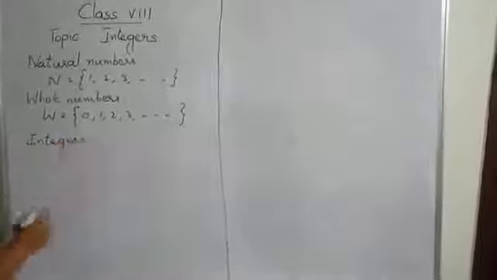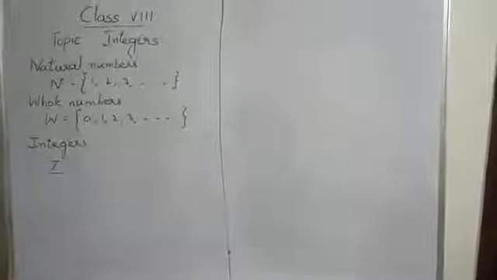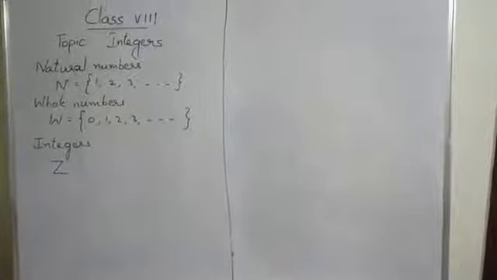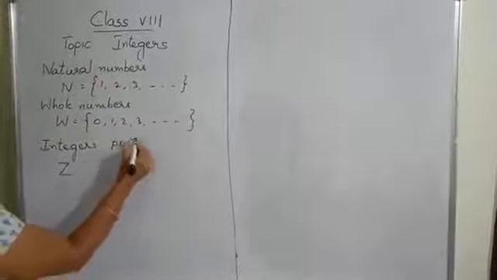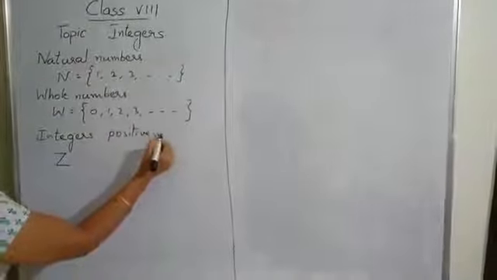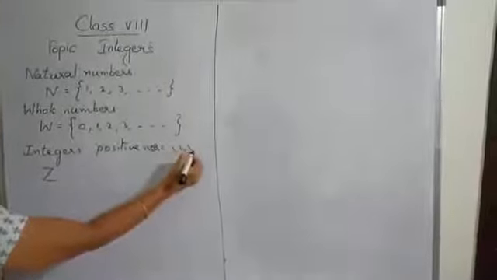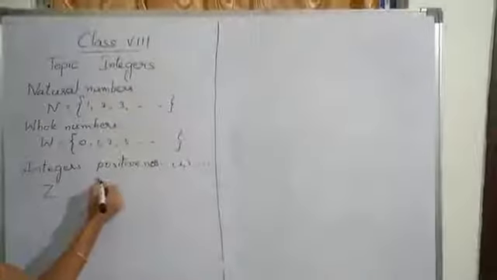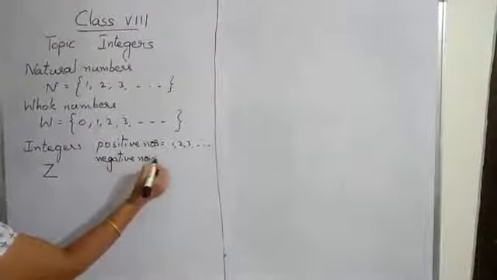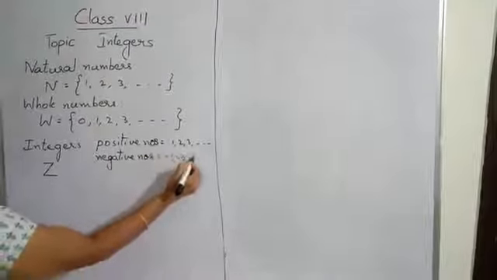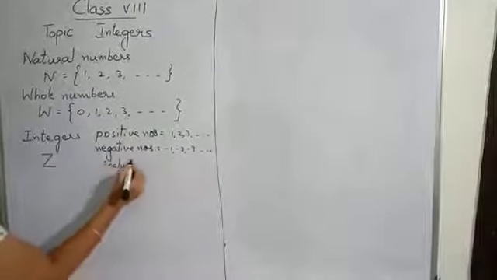Integer set is represented by the capital letter Z, and integers consist of positive numbers, that is 1, 2, 3, so on, negative numbers, -1, -2, -3, so on, including 0.